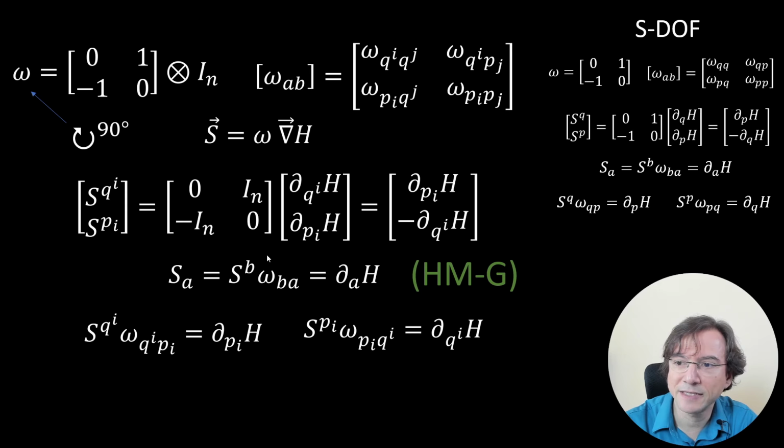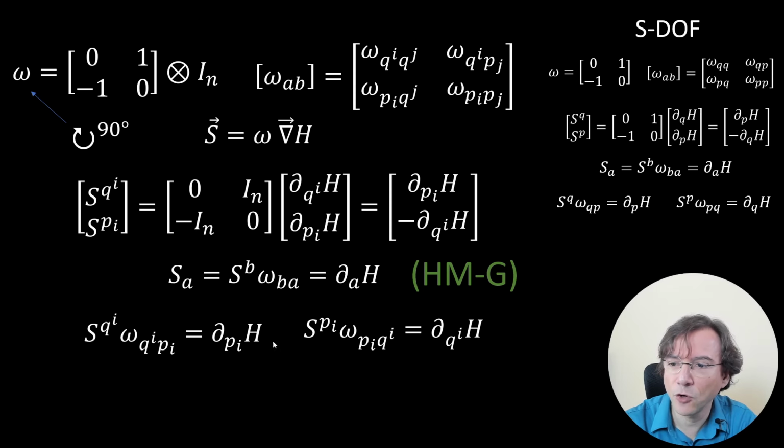Instead of applying omega to the gradient, it's actually going to make it easier if we apply it on the displacement field. So we have that S lower A is the displacement field rotated 90 degrees.